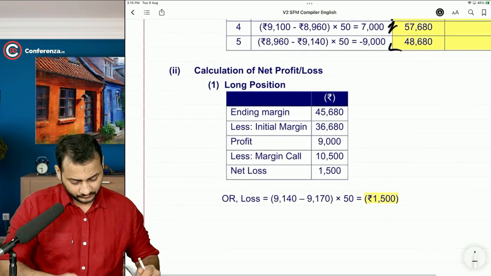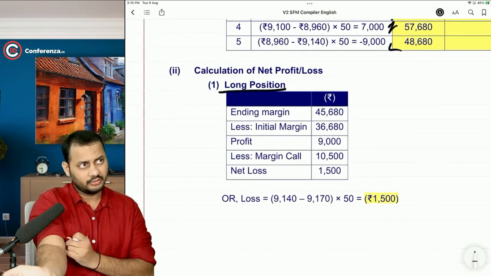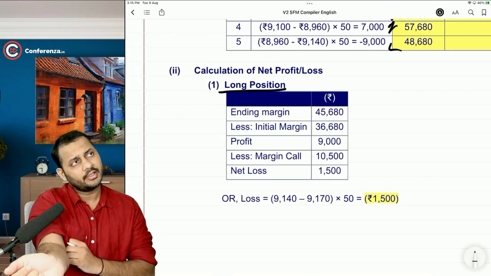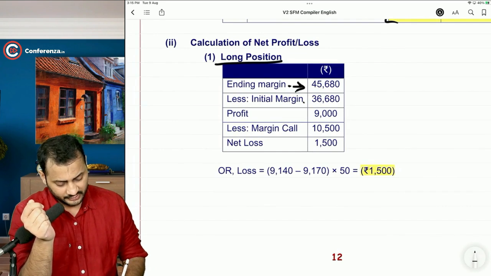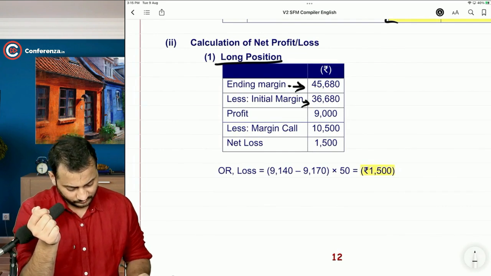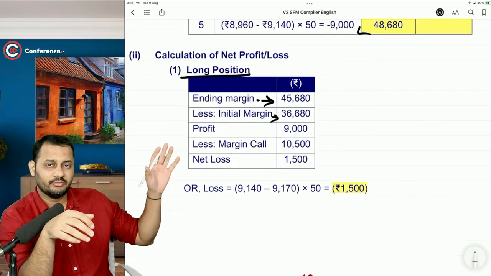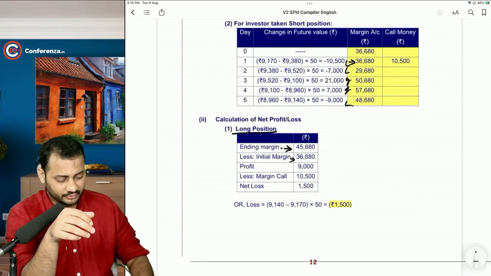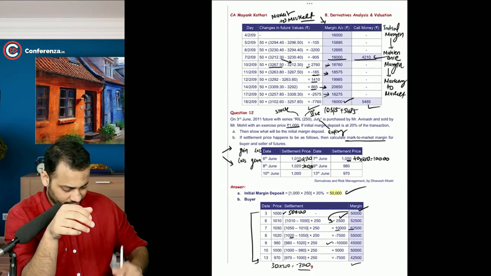Have a look. On a long position, am I right or wrong? On a long position, ending margin, initial margin. Like I showed you the two ways of calculation in the previous question, that we can calculate the profit or loss in two manners.